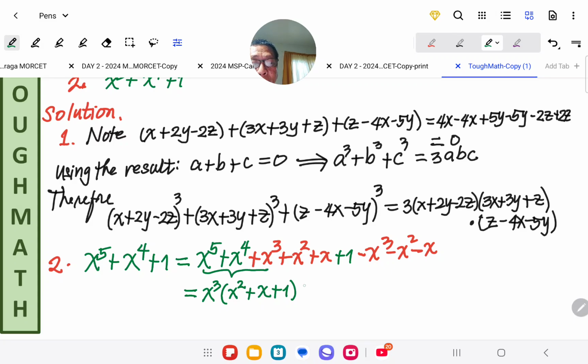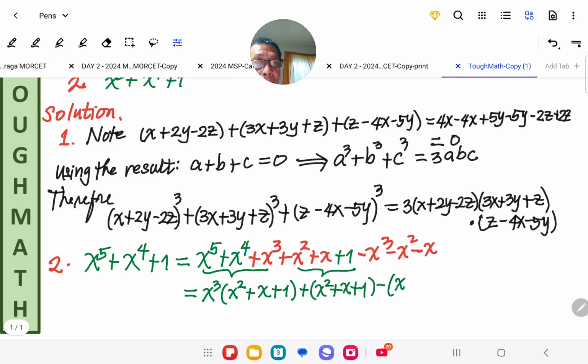And then plus, just copy this one, so we have x^2 + x + 1. Minus x, so this is minus x times (x^2 + x + 1).